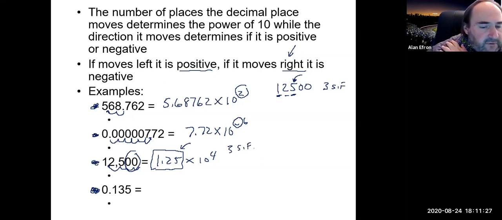And you should never lose significant figures or gain significant figures if all you're doing is changing it into scientific notation.